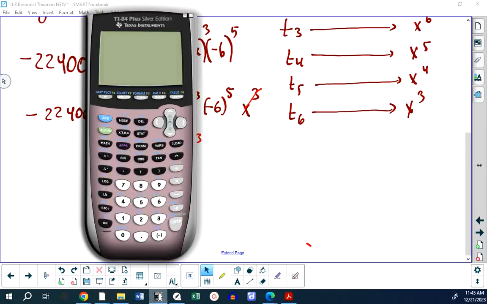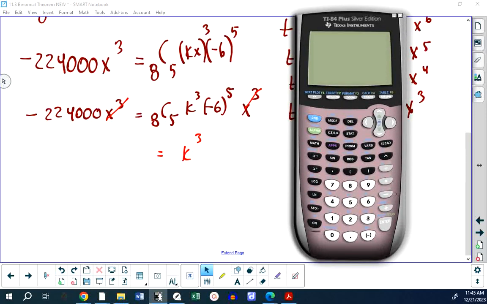I'm going to take negative 224,000. I'm going to divide it by 8, choose 5. I'm also going to divide it by negative 6 raised to the 5. And let's convert it to a fraction because why not? 125 over 243.